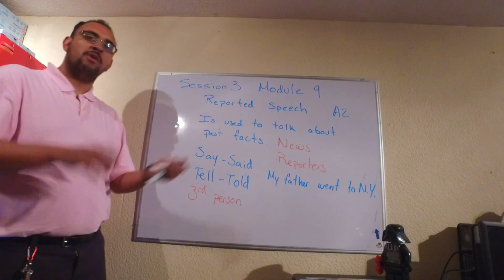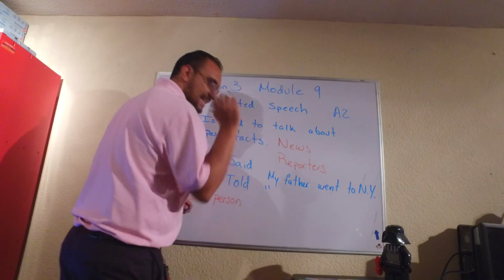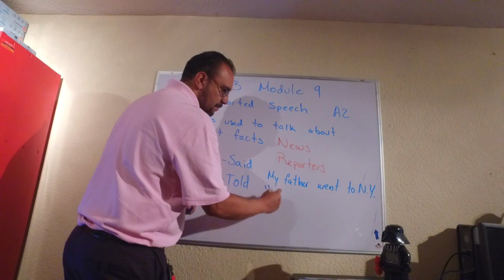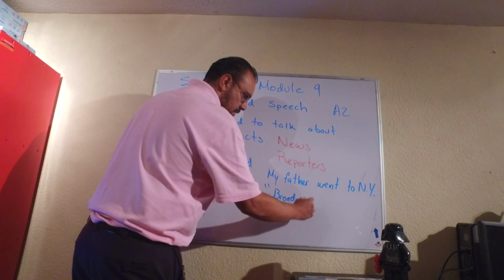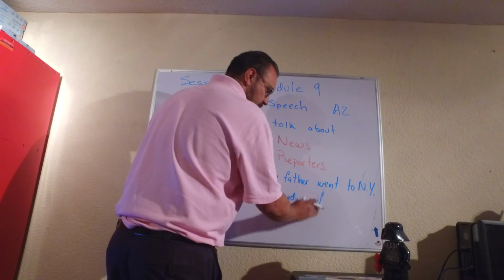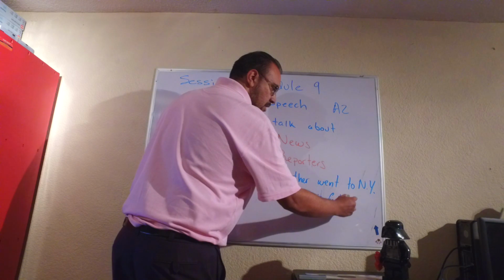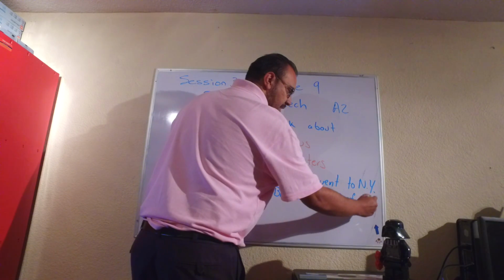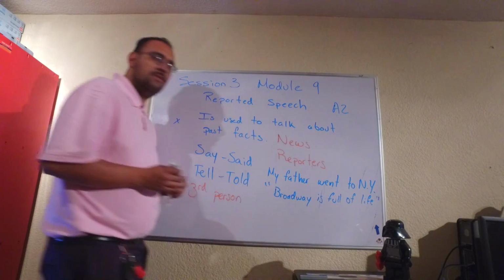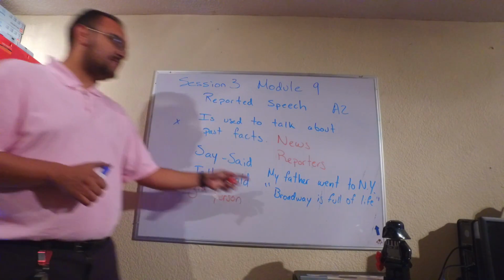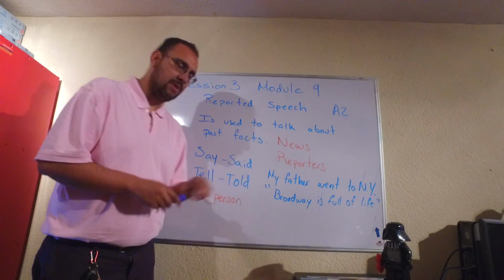So let's quote the father. Yes? So this is your dad saying, Broadway is full of life. Broadway is full of life. This is what your father said about Broadway.